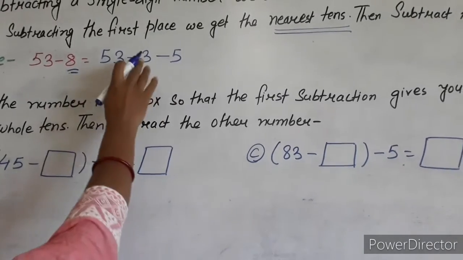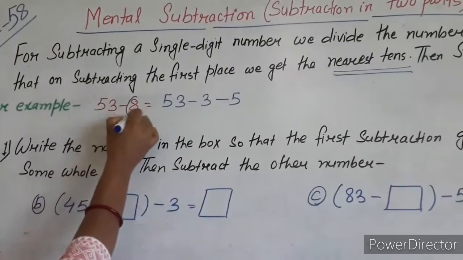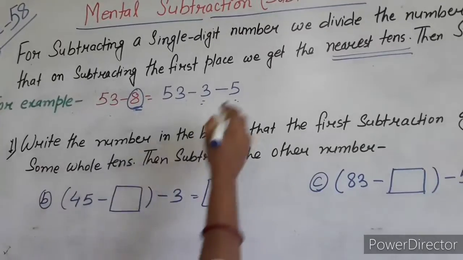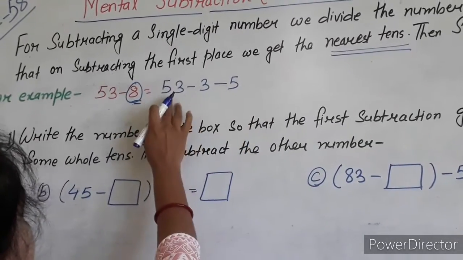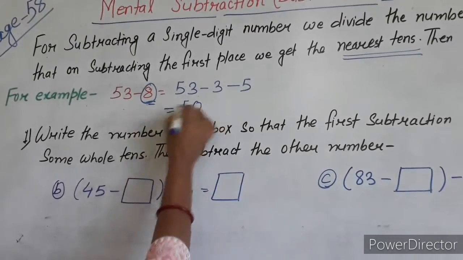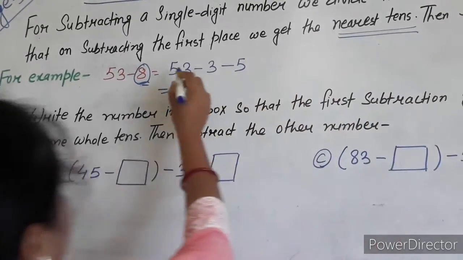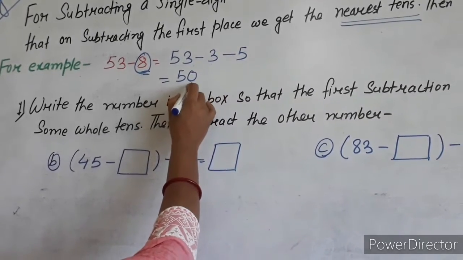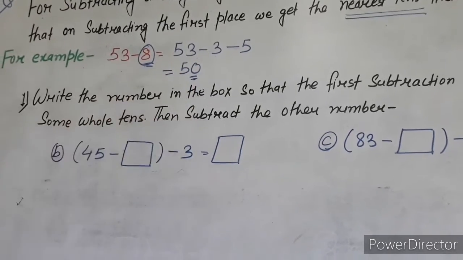Here we divide the 8 into two numbers. If we do 53 minus 3, we will get 50, and this is the nearest 10. When we subtract the first number, we get the nearest 10. 50 is the nearest 10 of 53.